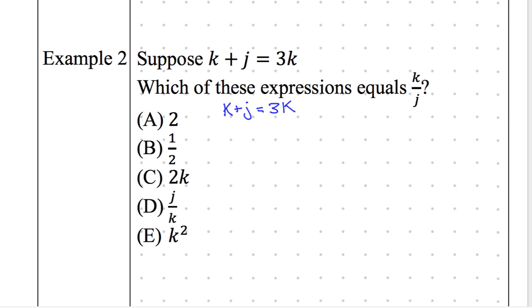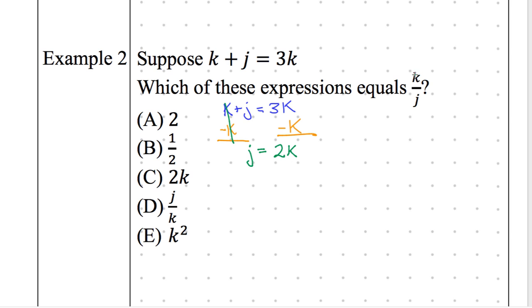If I subtract k from both sides, these will be able to be subtracted. You can't subtract j from k. It stays separate. You can't combine those, they're not like terms. But if I solve for j, then I can figure out what it is only in terms of k. So those cancel out. I'm left with j is equal to 2k.